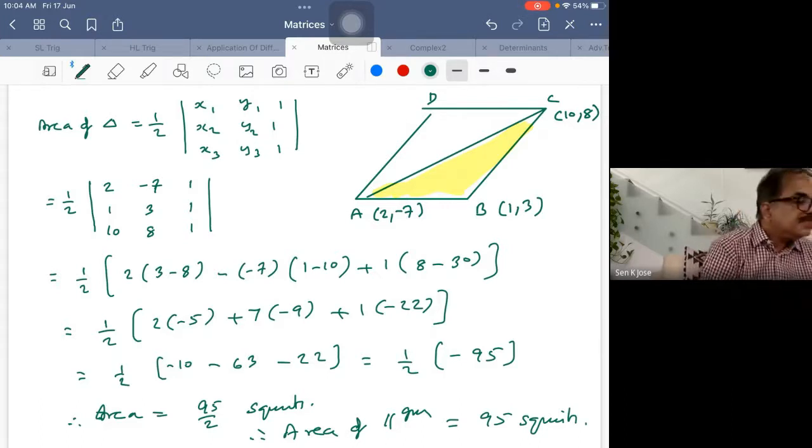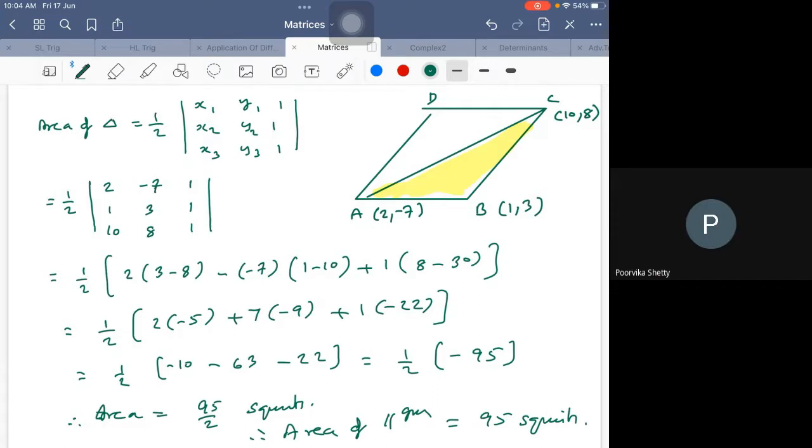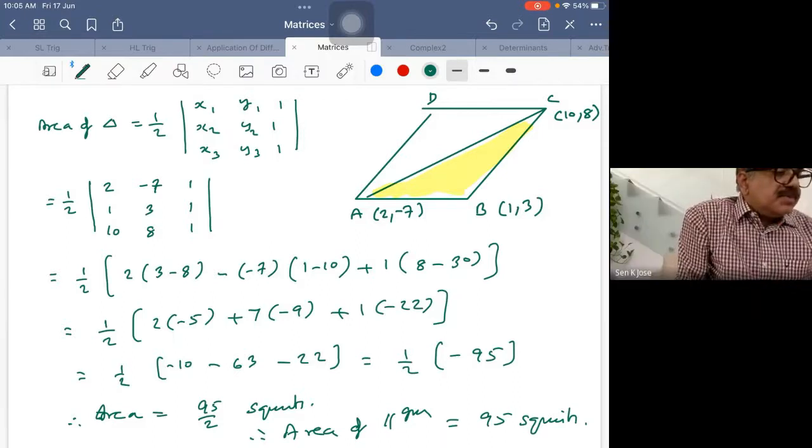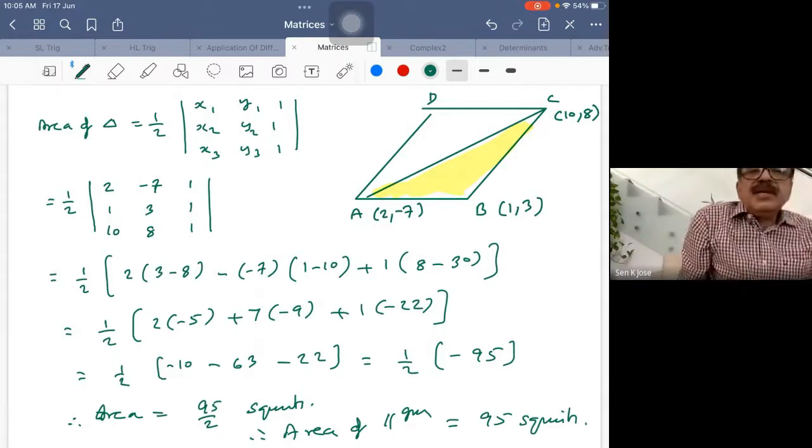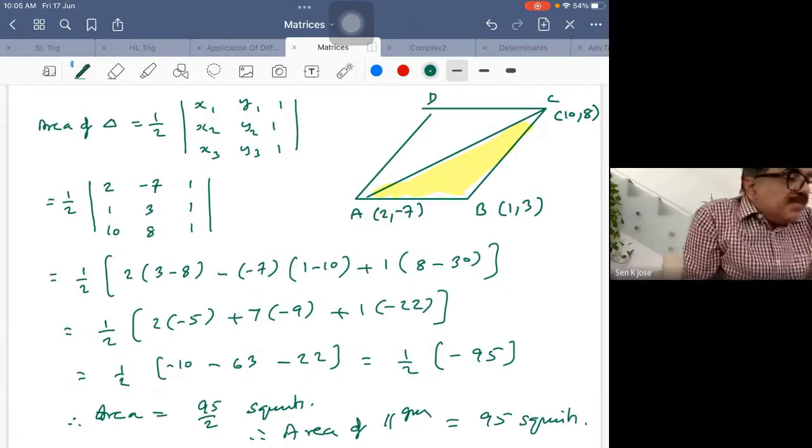Vedant, finish? Sir, I'm getting some other answer. I did across the third column. You did what? I took the third column 1, 1, and then I did the determinant of that. And I'm getting some other answer. Can you read out that first determinant you have written horizontally?